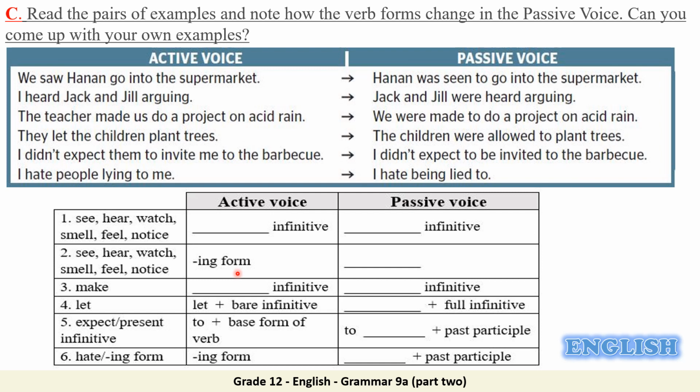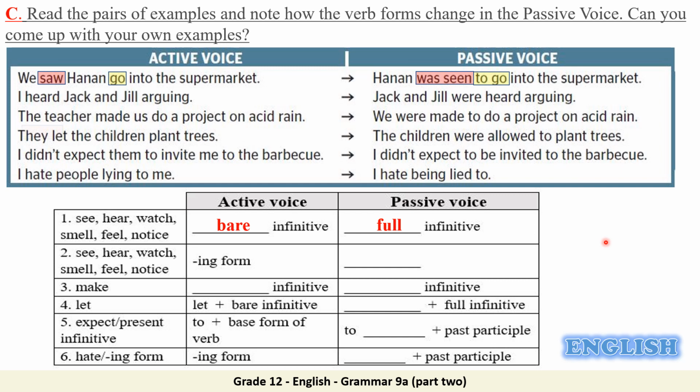What happens when we change them into passive? Check the highlighted words. We saw Hanan go into the supermarket. So Hanan was seen to go. Go is the bare infinitive, and it becomes to go, a full infinitive. So after these verbs, the bare infinitive changes into a full one.